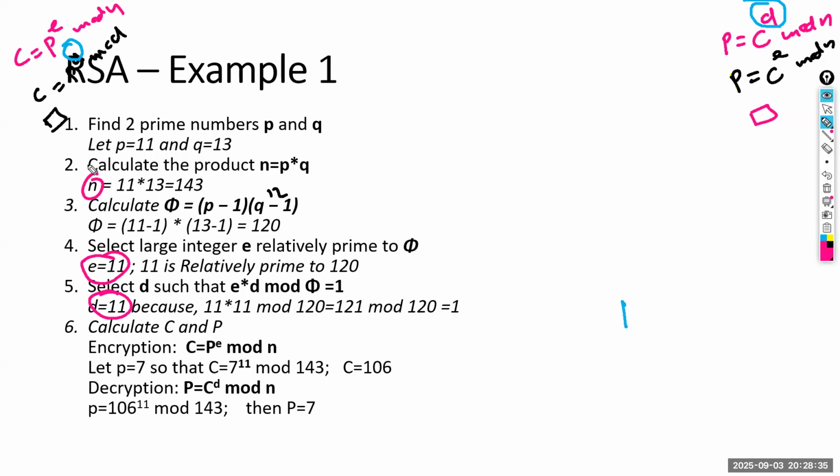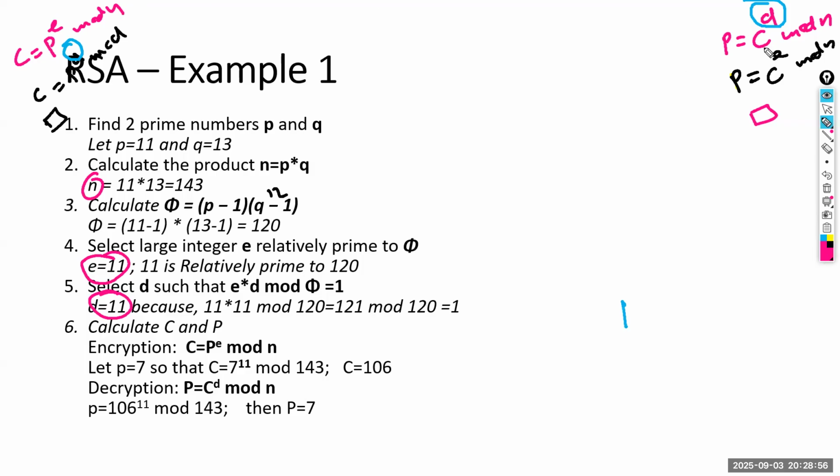Now if you are going to do the encryption decryption, your C is P to the power e mod n, because we know n, d, and e, and P is C to the power d mod n. Now you can see that you can't randomly select e, n, and d. It doesn't work. So don't think that you can use any value for e, d, and n.